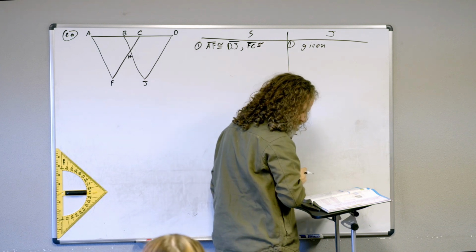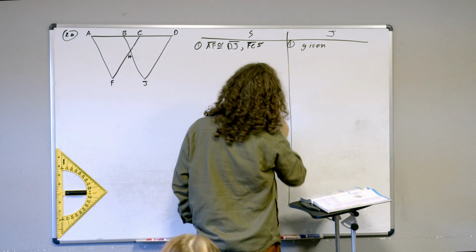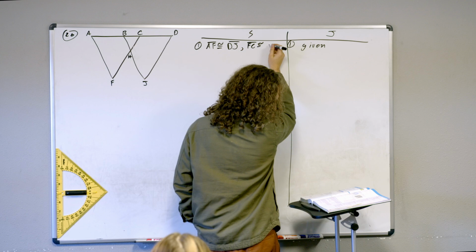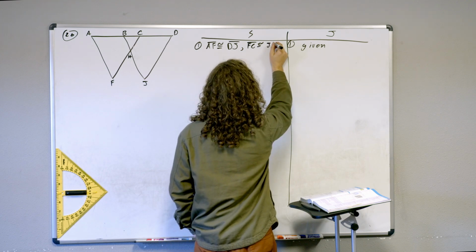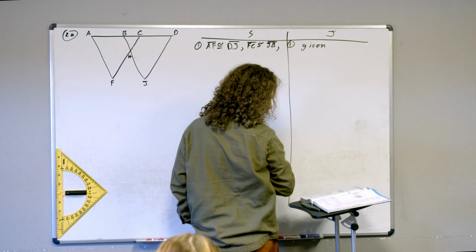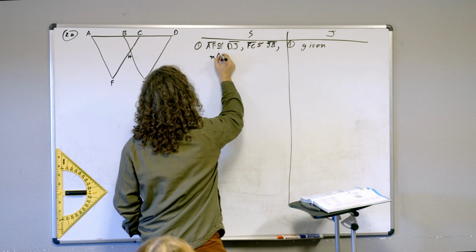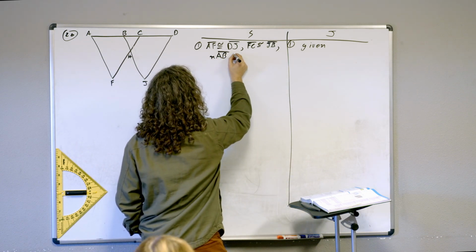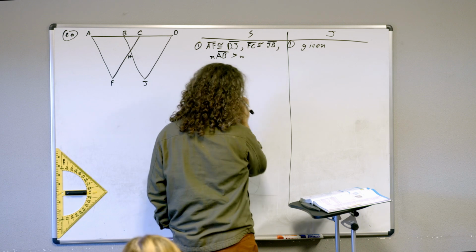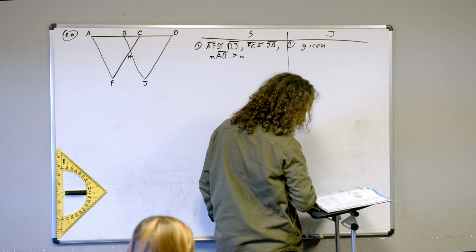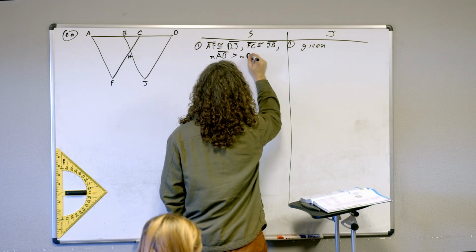I think I said greater than. Congruent is what I meant. Given that AF is congruent to DJ, and FC is congruent to JB, and the measure of AB is greater than the measure of DC.